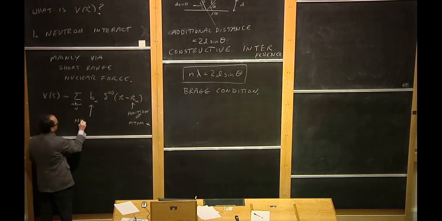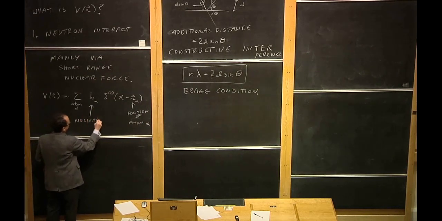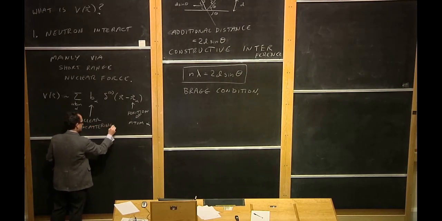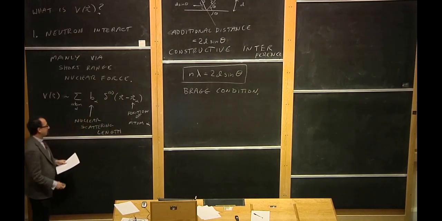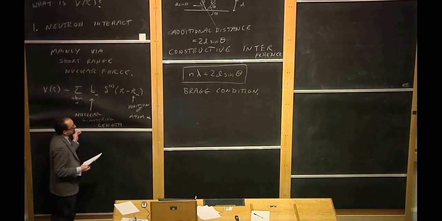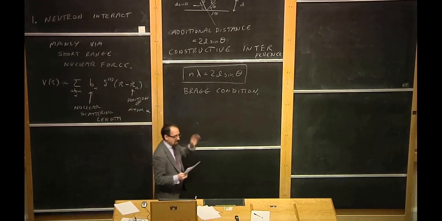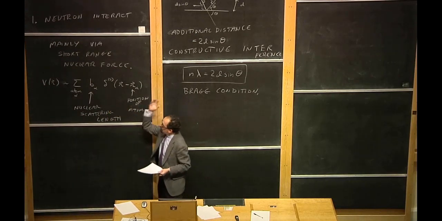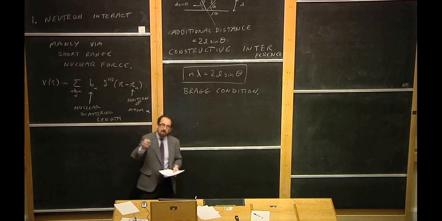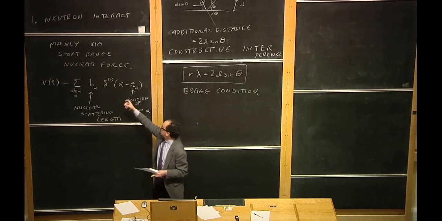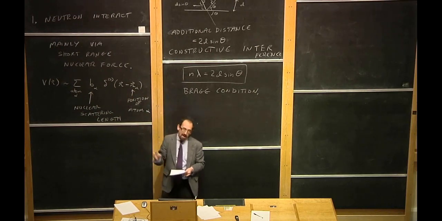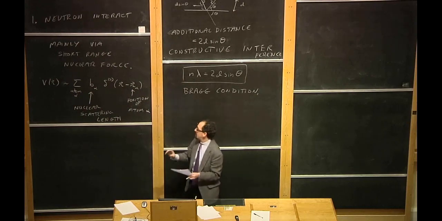It's known as the nuclear scattering length. The essence of this equation is that the neutrons coming in see very sharp peaks in potential at the positions of the nuclei. And that's all. They don't see anything else.